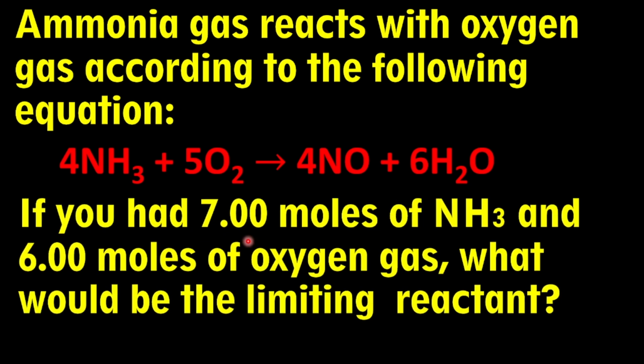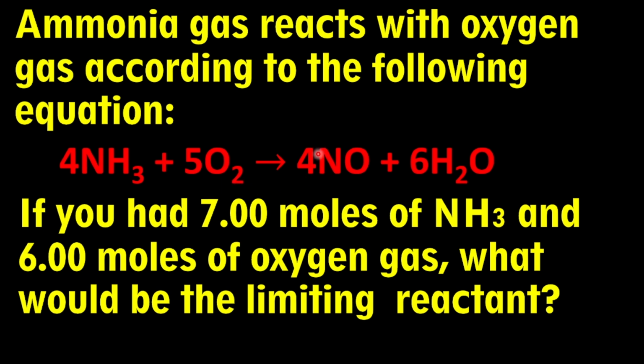What are we to determine? So the question says, if you had 7 moles of ammonia and 6 moles of oxygen gas, what would be the limiting reactant? So we have 7 moles for this. We have 6 moles of the oxygen. We want to determine the limiting.